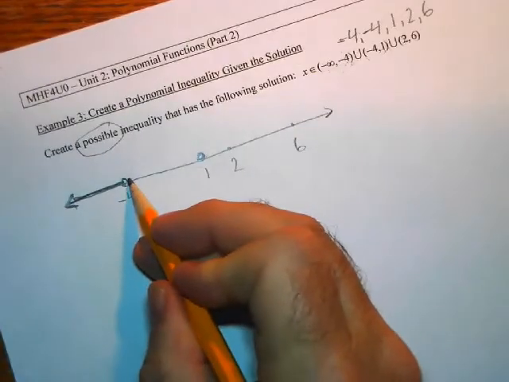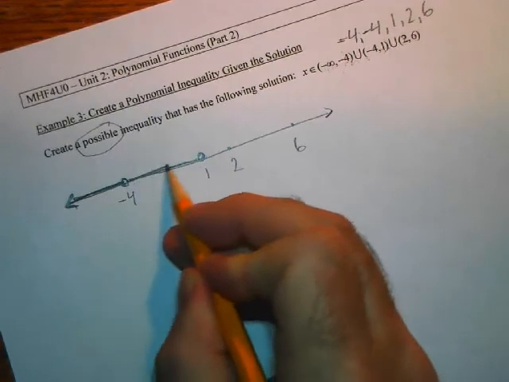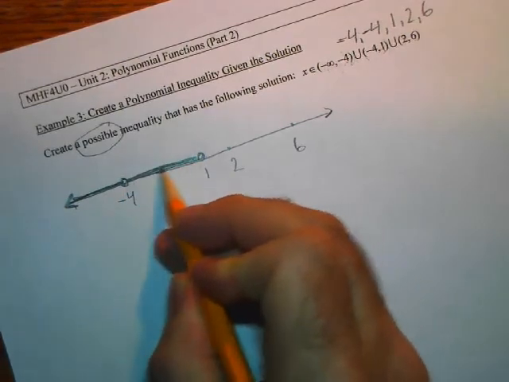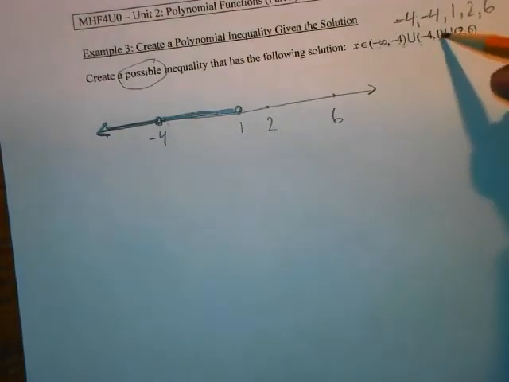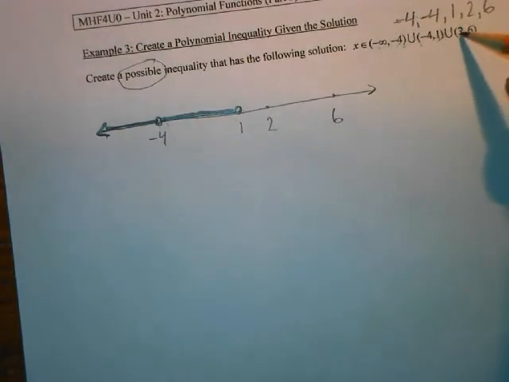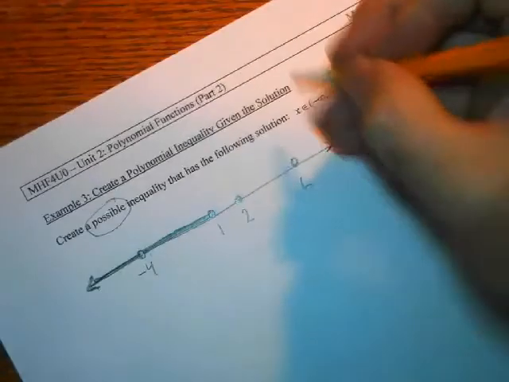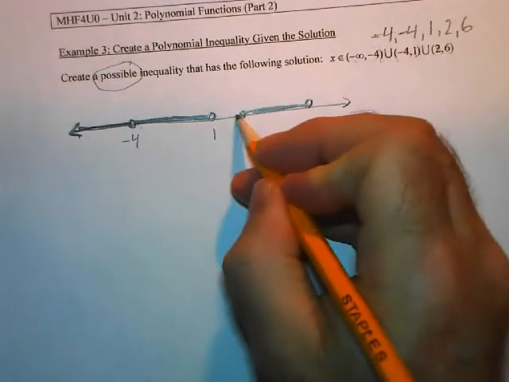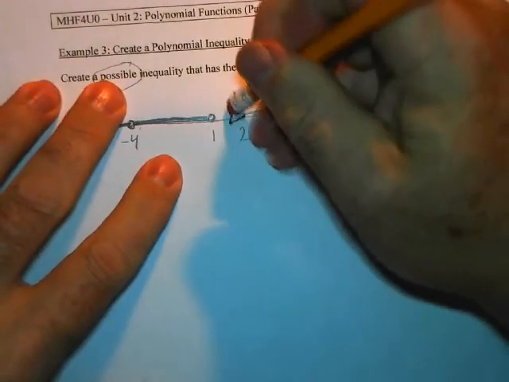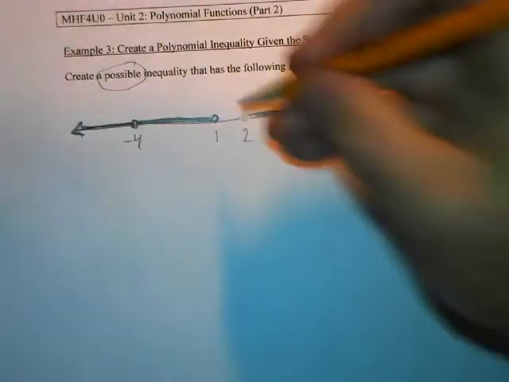So that's interesting. And then the next one, it skips. So it skips to 2 and goes up to 6, not including either one. So there's my number line solution. I don't want to make that look like it's closed.